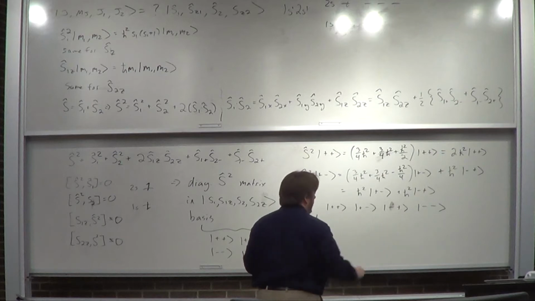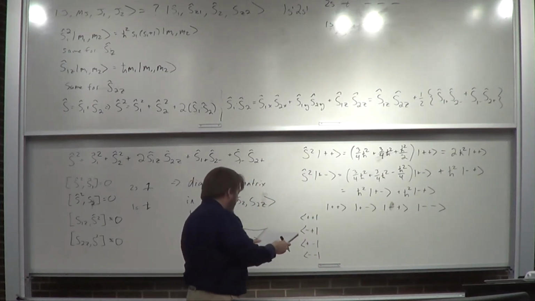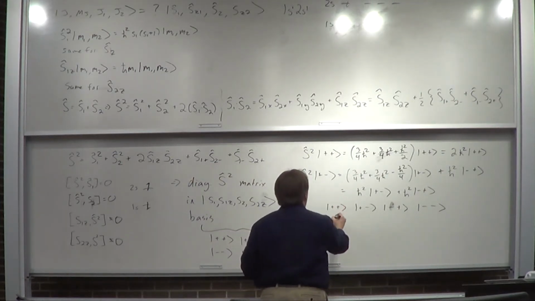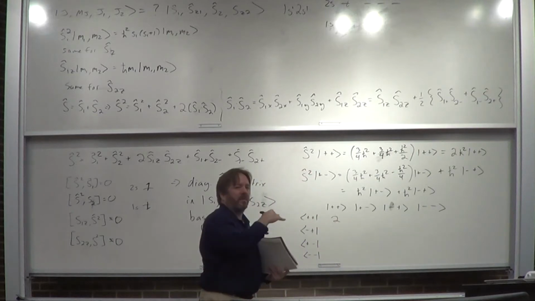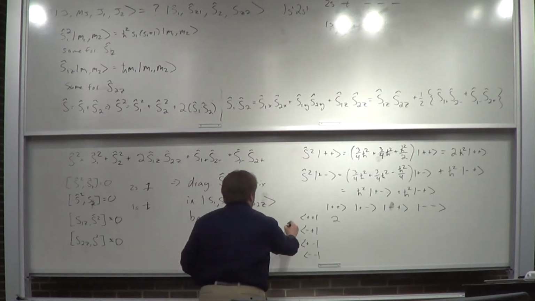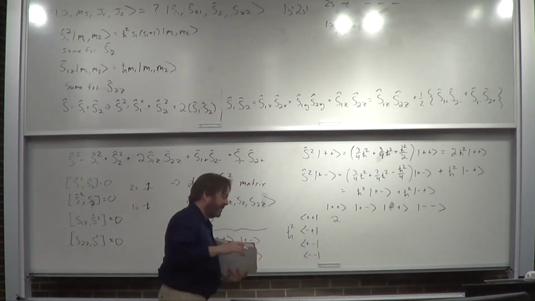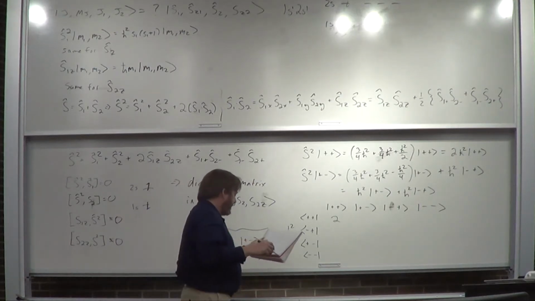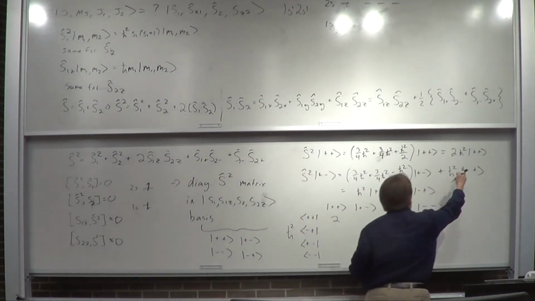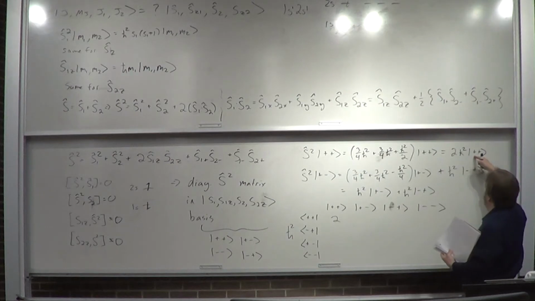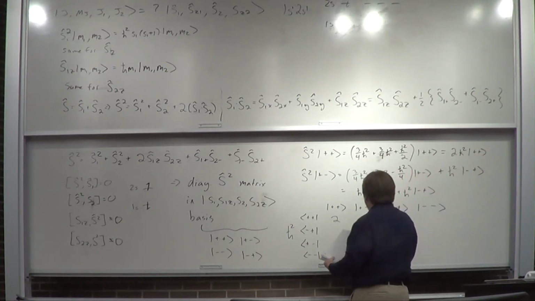Then I've got 4 elements. We did plus plus, that's 2 h bar squared. And of course, if I put a plus minus, minus plus, or minus minus bra on that, I'm going to get 0.